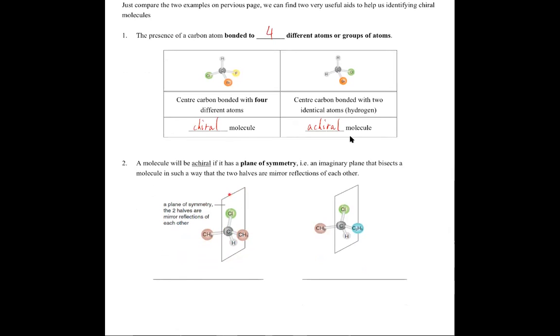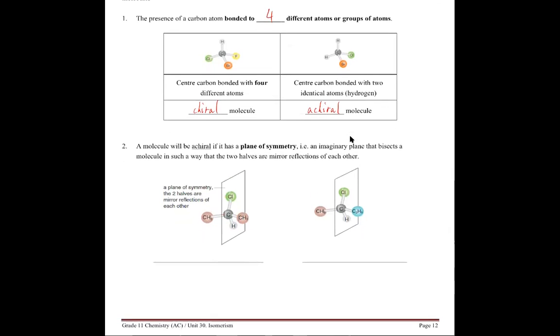This molecule is said to be achiral because its mirror image is the same as the original one, and we can put the mirror image on top of the original molecule, and all the positions of those atoms will match. So for this one, it's achiral.